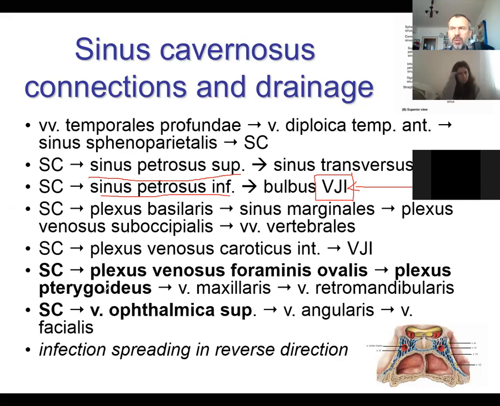But the drainage can also go dorsally via the basilar plexus to the marginal sinuses, and from the marginal sinuses through the foramen magnum, and then it gets outside to the suboccipital venous plexus. This is a venous plexus which is in front of the atlas, below the skull.